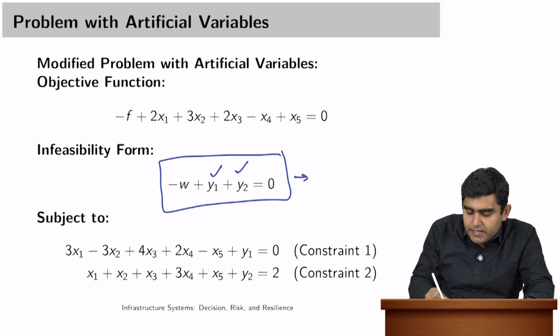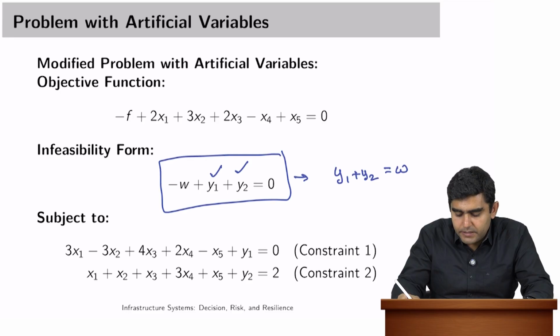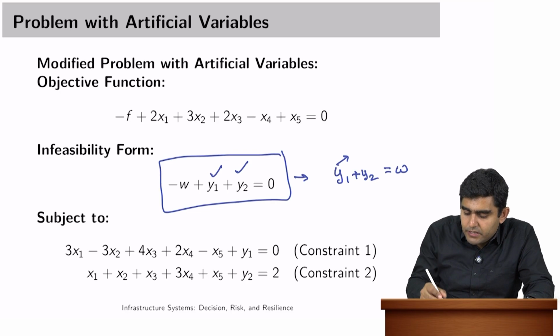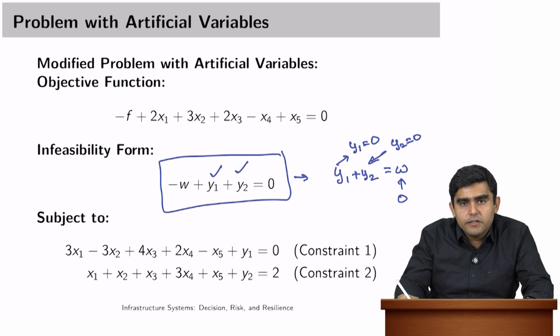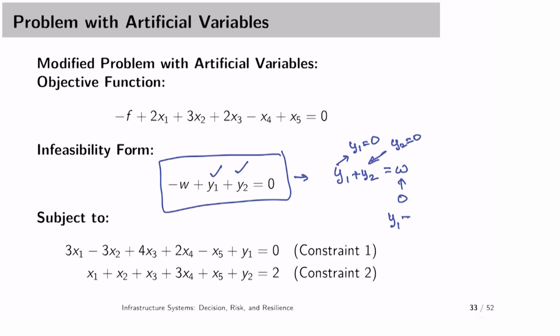The infeasibility form is that y1 plus y2 is equal to W, if I write it simply. Now since these are artificial variables, by the end of my simplex, we should ensure that W takes the value of 0, because we would be writing the general condition that y1 should be greater than equal to 0 and y2 greater than equal to 0.